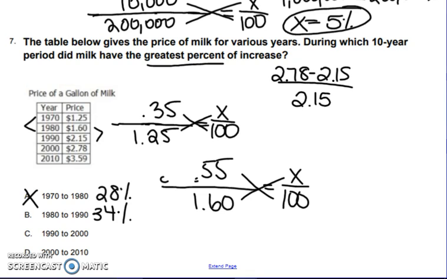The original was $2.15. That's x over 100. Multiply, divide. I am left with about 29%, which I can eliminate because 34 is greater. Due to time, I'll tell you that as soon as you do answer choice D, just like you have for the last 6 questions, you're going to get about 29 cents. 34 is greatest.